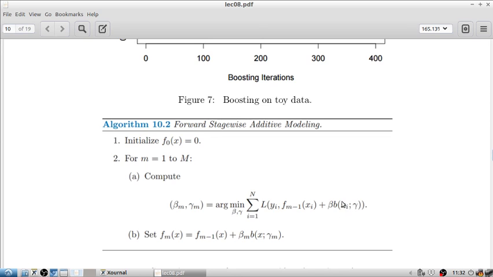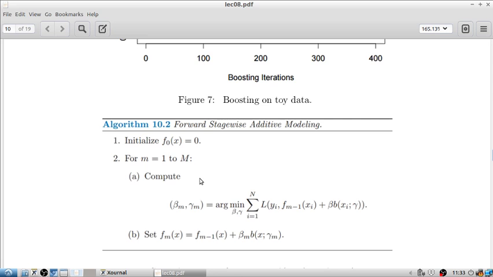For simplicity, you can think of this as a linear function: b of xi is just xi transpose gamma, where gamma is now a vector. You fit that function, get its parameters and also a coefficient. You add that to your sum, so that's the previous function plus the coefficient times the current function, and then just keep repeating this m times.